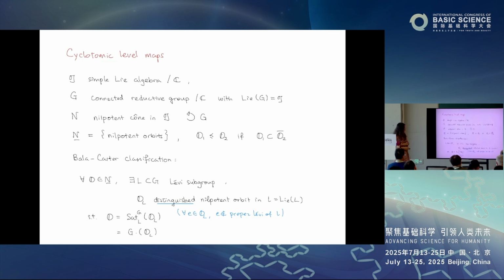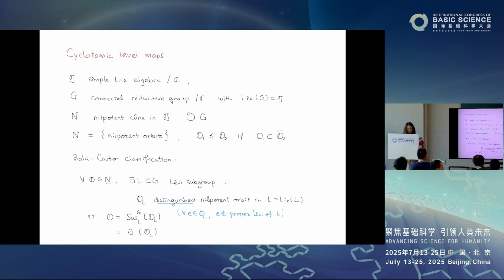Here, distinguished means a nilpotent element which is not contained in a proper Levi. There are equivalent definitions, for instance saying the centralizer is unipotent. So for each orbit, you can find a Levi subgroup and a distinguished nilpotent orbit O_L for this Levi, such that your orbit is the saturation of this distinguished orbit, meaning it's the set obtained by letting the group G act on O_L.